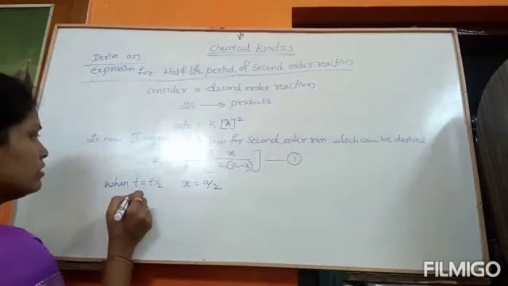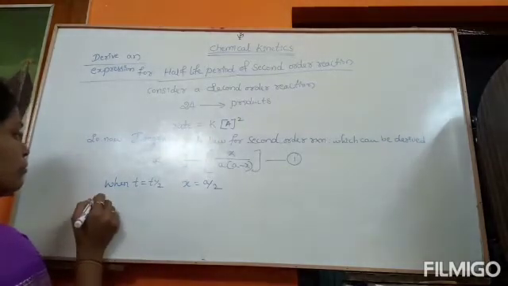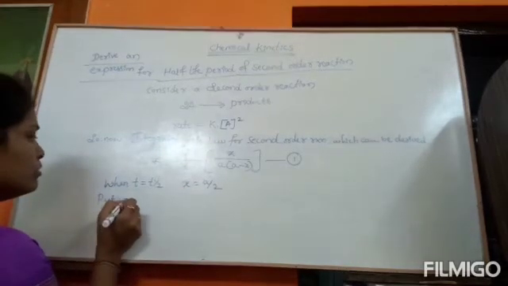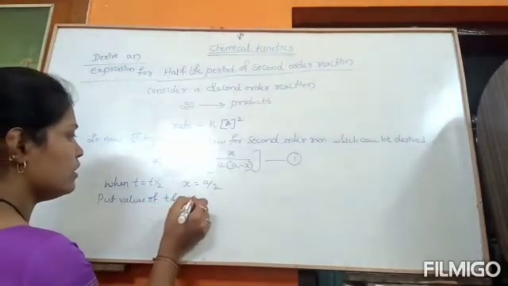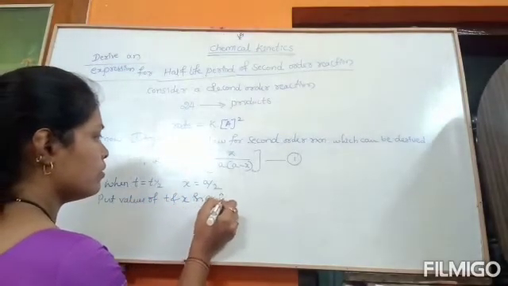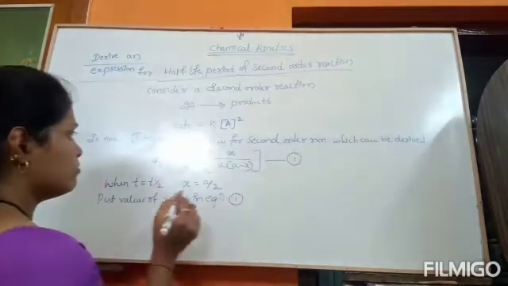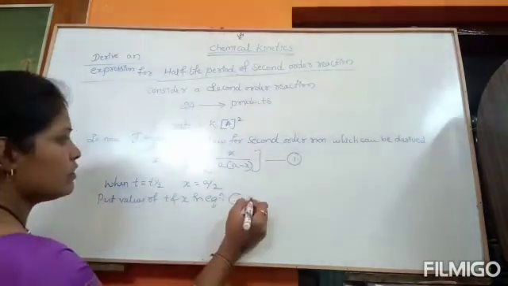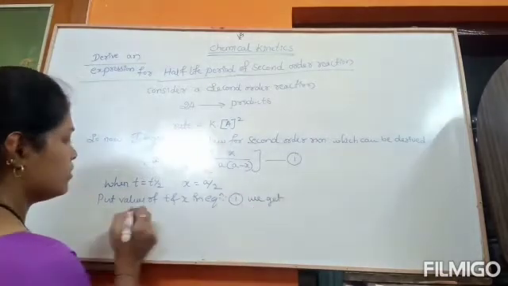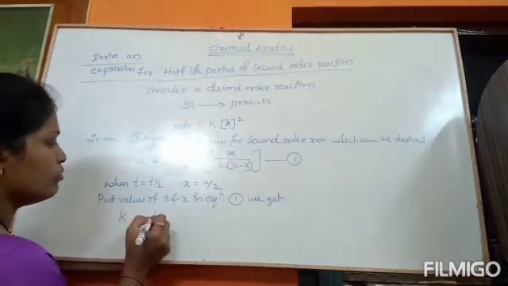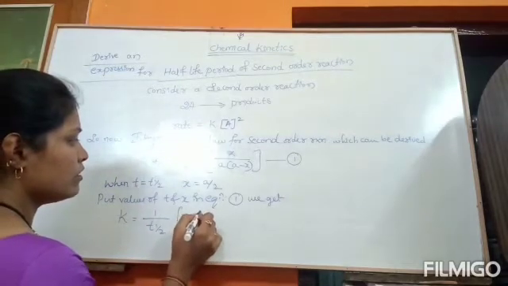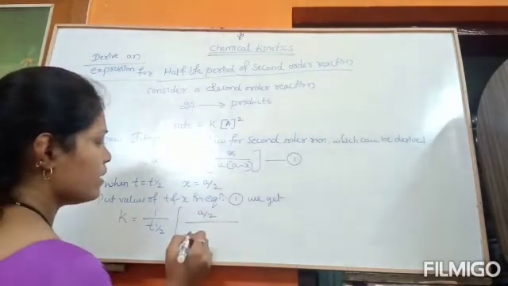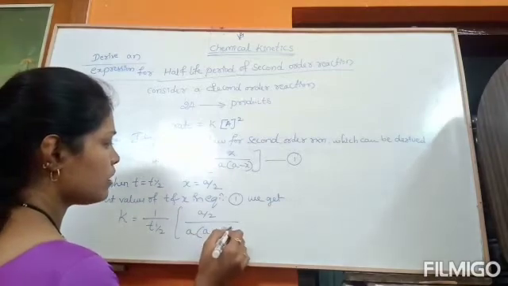Therefore, put these values of t and x in equation number 1. We get K is equal to 1 divided by t half, a by 2 divided by a into (a minus a by 2).